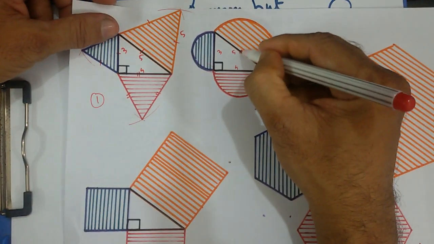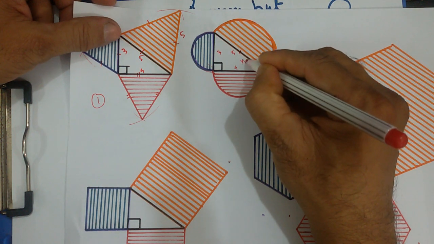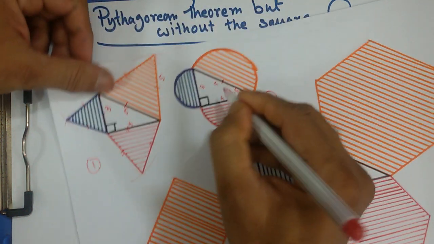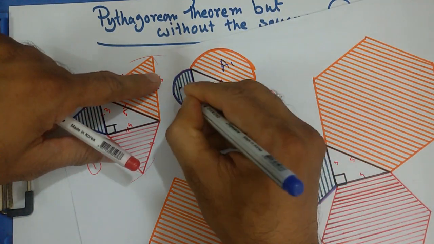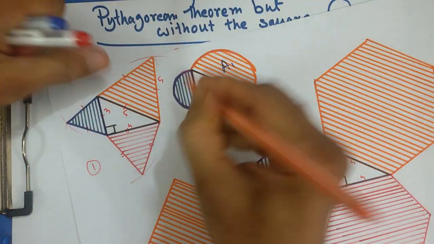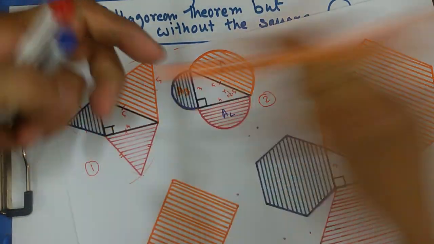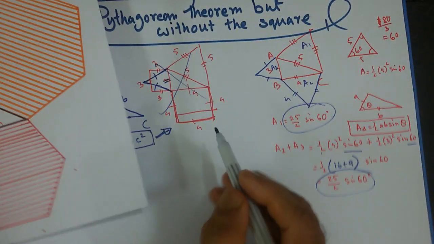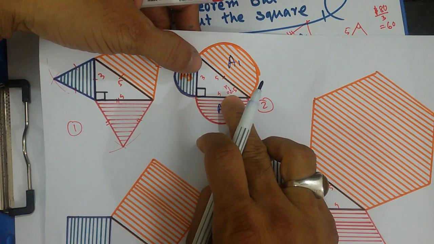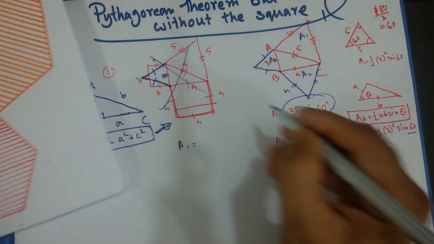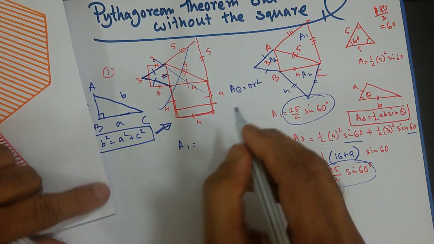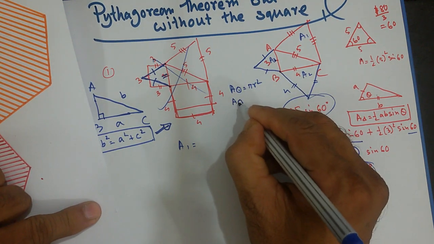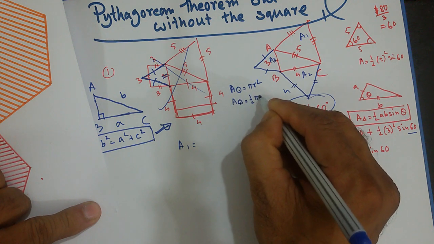Okay, this diameter is 5, so this radius is supposed to be 2.5, and let's say this is area 1, this is going to be area 2, this is going to be area 3. For area 1 the diameter is 5 centimeters, therefore the radius is going to be 2.5 centimeters. And you know the area of a circle is pi r squared. Now the area of a semicircle is going to be half pi r squared.